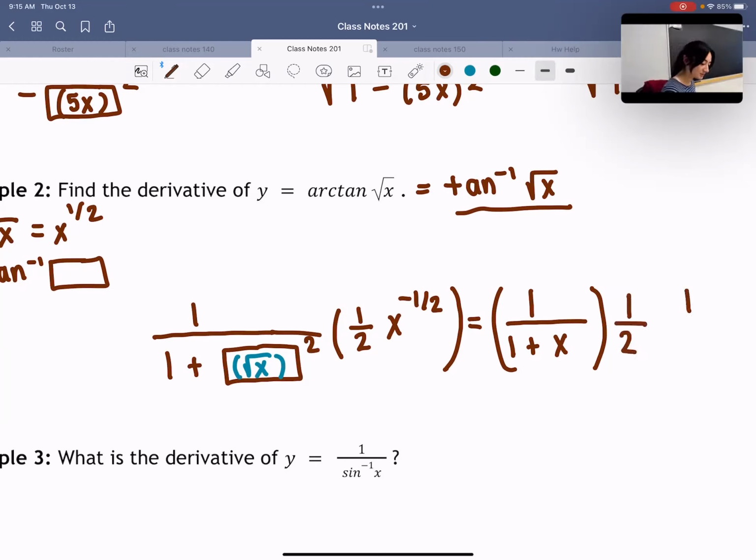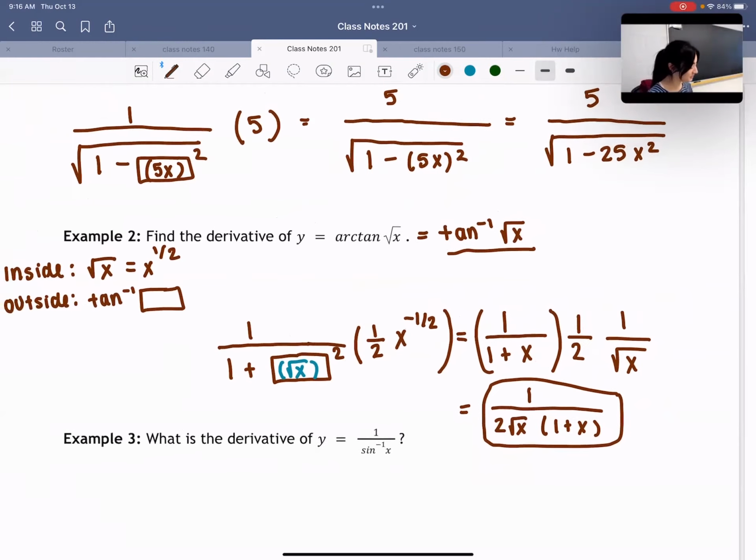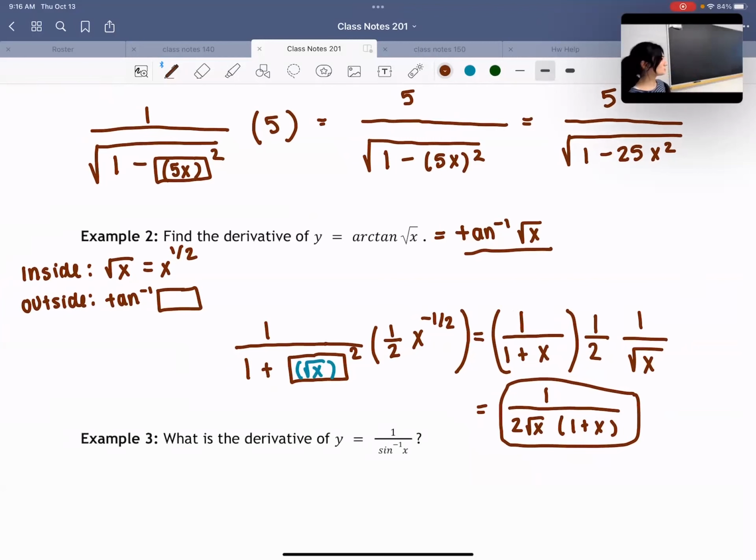And what does x to the 1/2 become? What's another way to write it? 1 over square root of x. Good. So the negative brings it to the bottom, the 1/2 turns it into a square root. Okay, so let me just clean this up even more. This becomes 1 over 2 square root of x times 1 plus x. Okay. All right, lots of stuff going on there. Any questions on example 2?